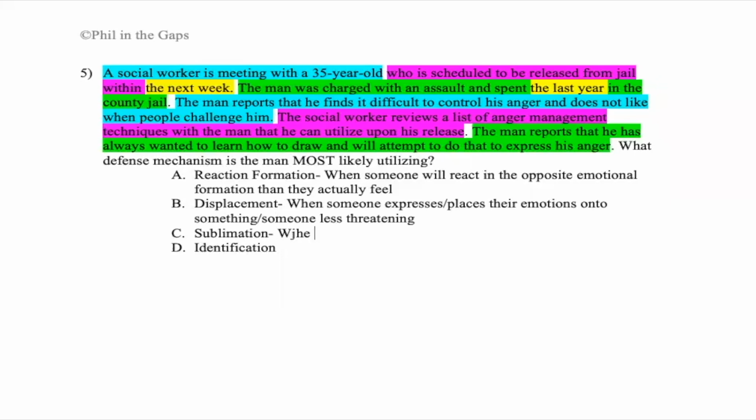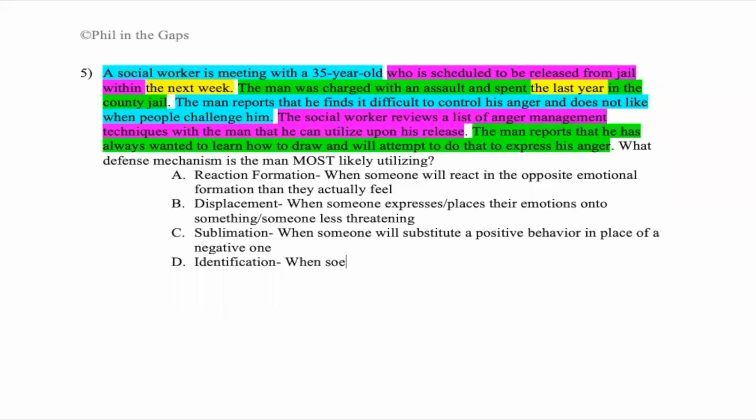C, sublimation is when someone will substitute a positive behavior in place of a negative one. D, identification is when someone changes their identity based on an ideal role that they have in mind.